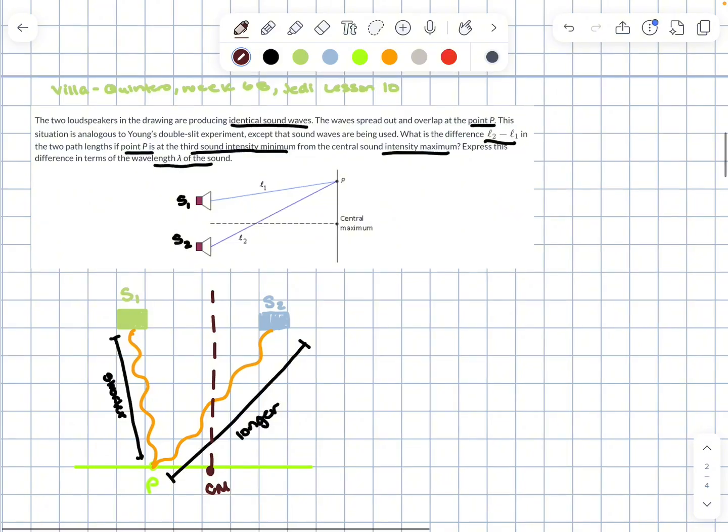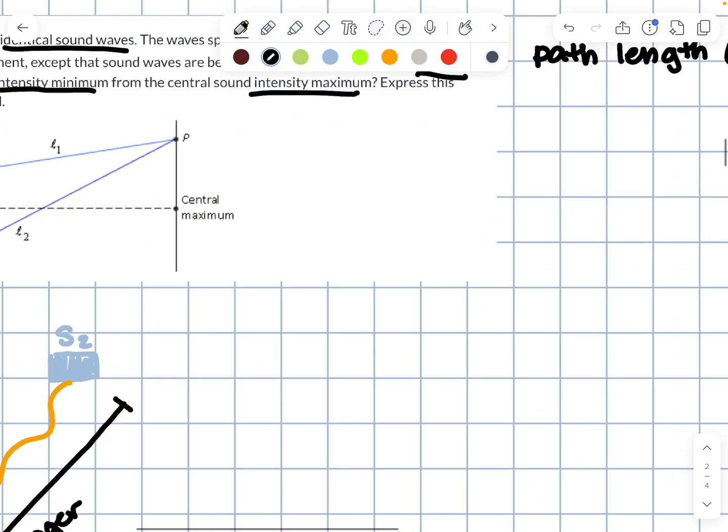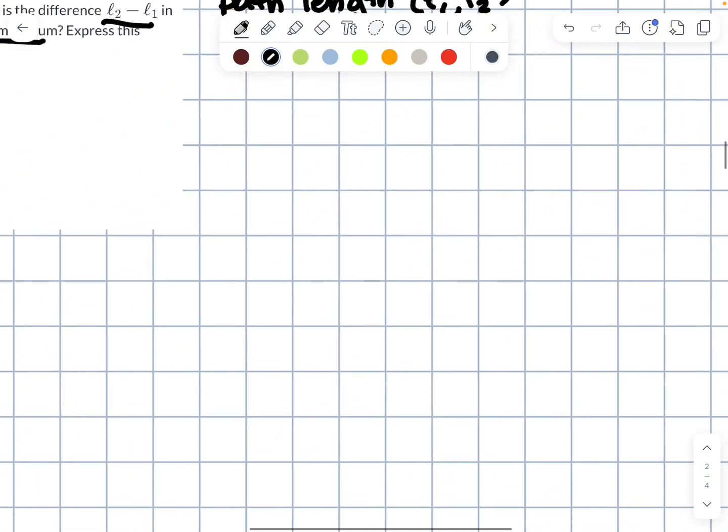Alright, so now that we have this, I want to define some of the terms we're going to see here. The first one is the length of the path, represented by the L1 and L2 that we keep seeing here. That's just the distance traveled by the wave from that speaker to that specific point, in this case point P. That's what we labeled here, in black, the path.